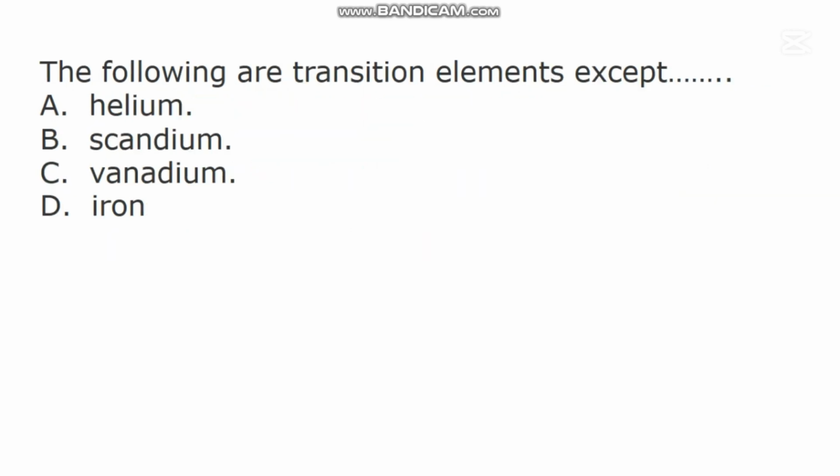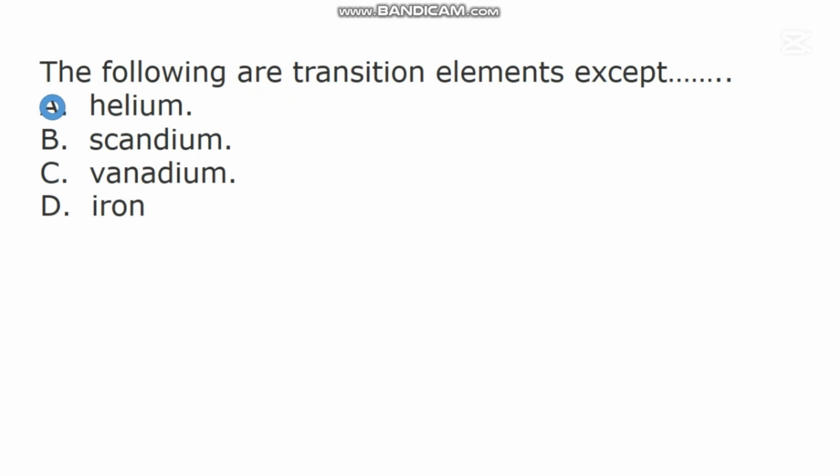The next question says, the following are transition elements except dash. A. Helium. B. Scandium. C. Vanadium. D. Iron. In this question, the correct answer is A. Helium. In the periodic table, there is what we call transition elements.